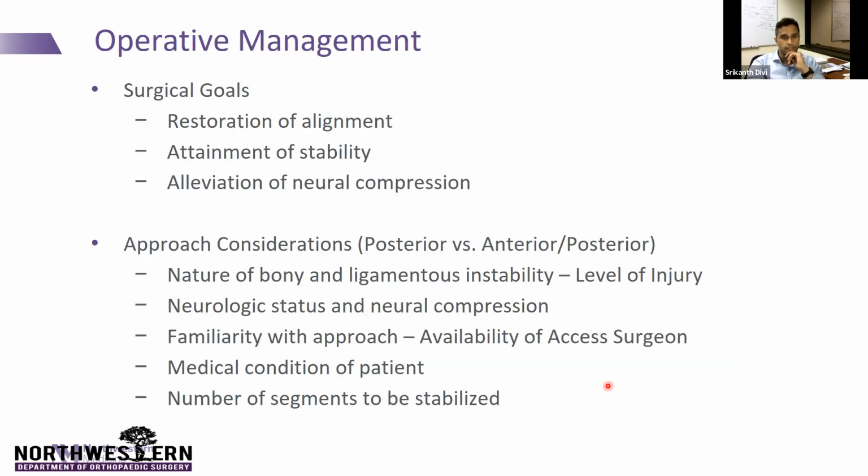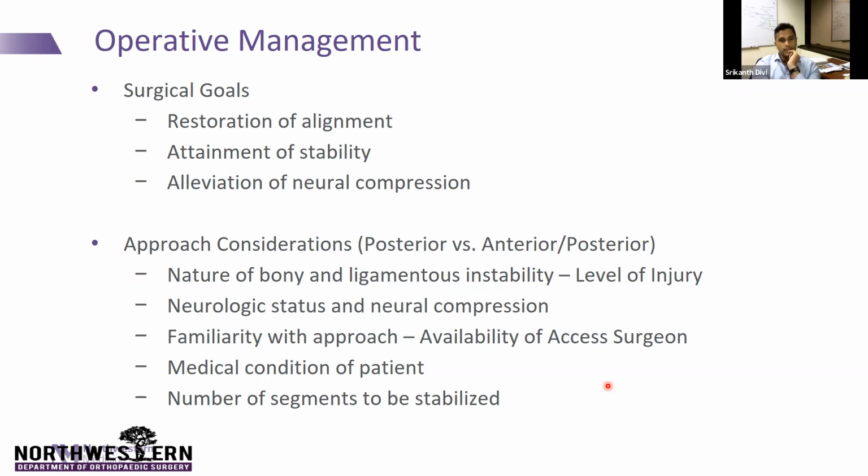Again, we talked about this. So the surgical goals for thoracolumbar fractures are restoring alignment, fixing stability, and alleviating any neural compression. These are our surgical goals for any spine surgery, but specifically in terms of fractures, you've got to consider a number of things.